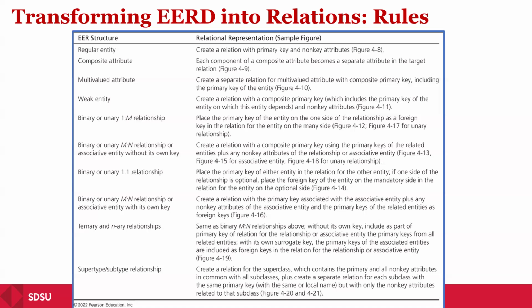There are very specific rules that apply to every block or every part of an entity relationship diagram. So we have a way to convert regular entity, composite attribute, multi-valued attribute, weak entity, binary relationship, unary relationship, and so forth. What we will be doing now is look at examples of each.